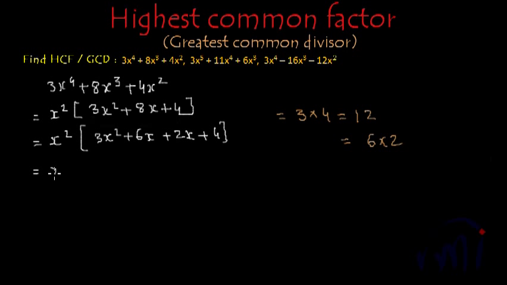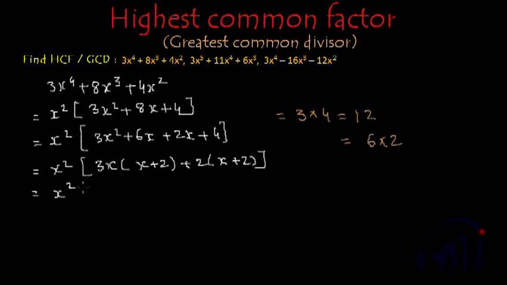Yes. So x square is as it is, and from these two terms we can take 3x common, and inside the bracket we will have x plus 2, and from the next two terms we can take 2 common, and again inside the bracket we will have x plus 2, right?